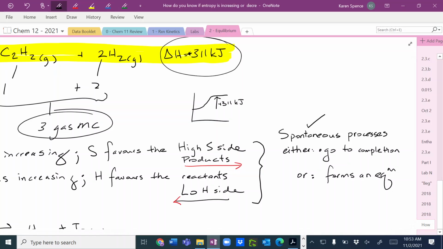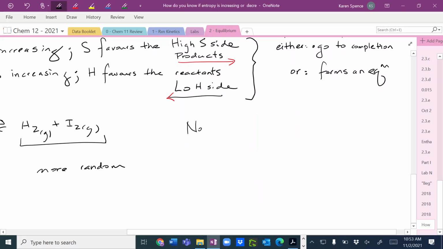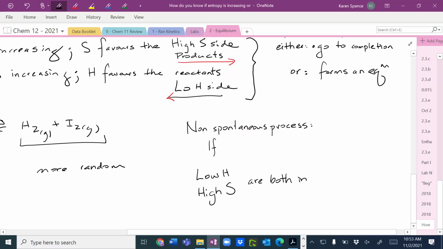The only time you'll have a non-spontaneous process is if your low enthalpy and your high entropy are on the reactant side. And normally we don't use low and high.